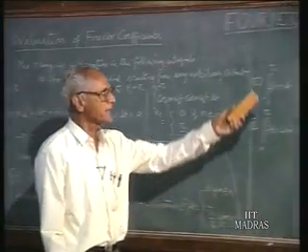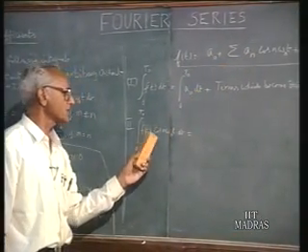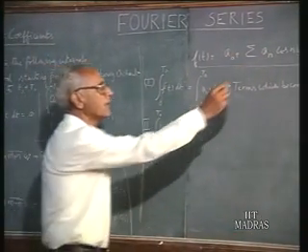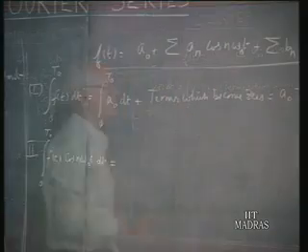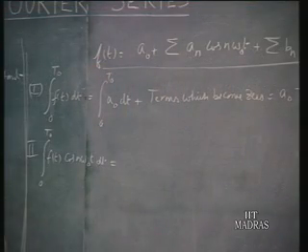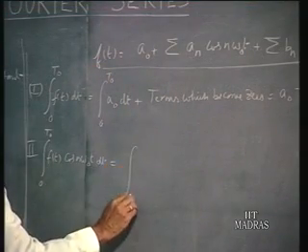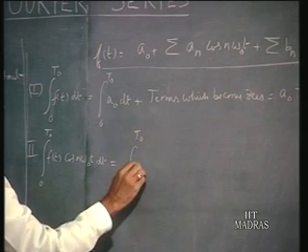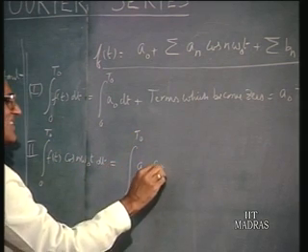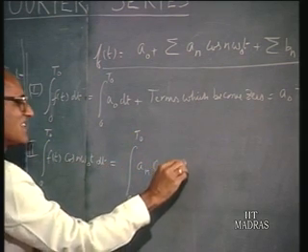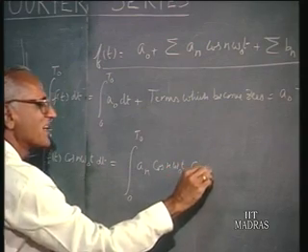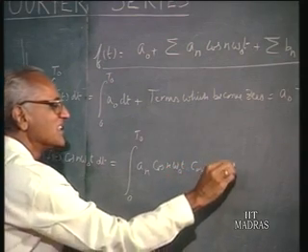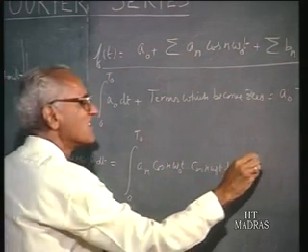Therefore, if you are multiplying this whole set of terms by cos n omega naught t, only when the index here happens to be n, it will give rise to a non-zero product. Therefore, I can write this, 0 to t naught, a n cos n omega naught t multiplied by cos n omega naught t dt, plus other terms which go to 0.